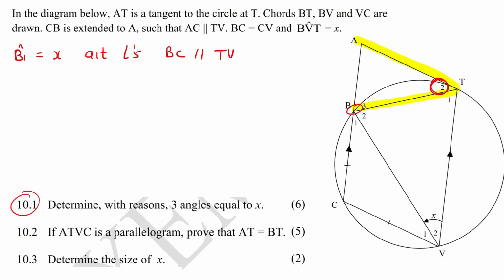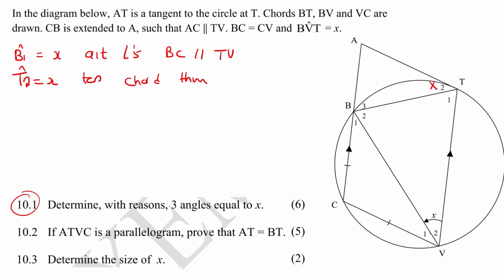If you put your finger at B and your finger at T, and go towards V, your fingers will come together again, and that's what you want. There we go. So T2 will also be equal to x, because of the tan chord theorem.